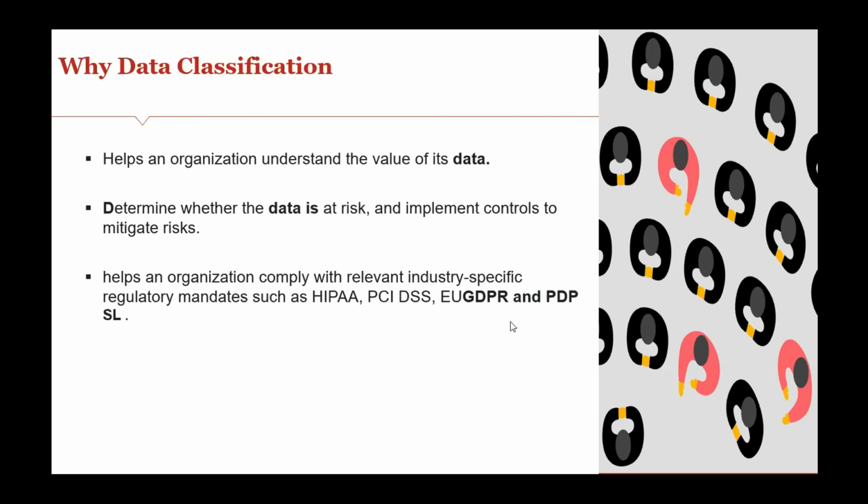Apart from that, there are regulatory mandates like PCI DSS, EU GDPR, and the Sri Lanka Personal Data Protection Act, which is already there and I think will most probably come into effect recently. All these regulatory mandates require identifying PII and SII information and how you're going to protect them. All this information you would collect if you start doing a data classification.